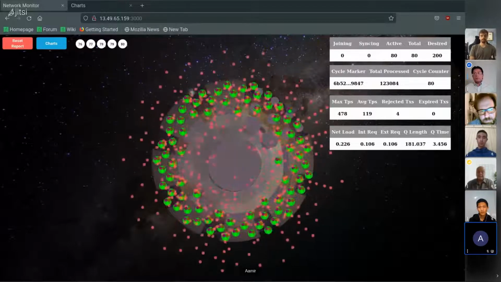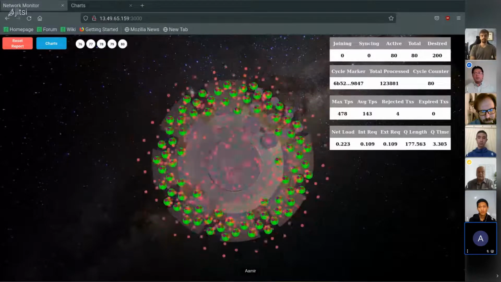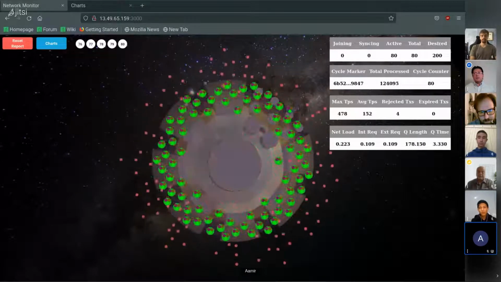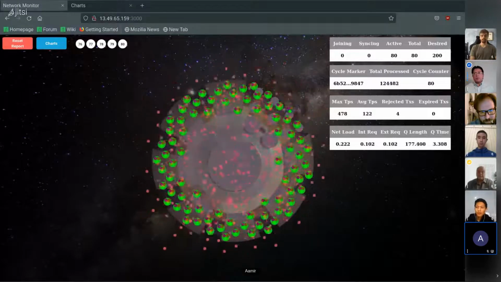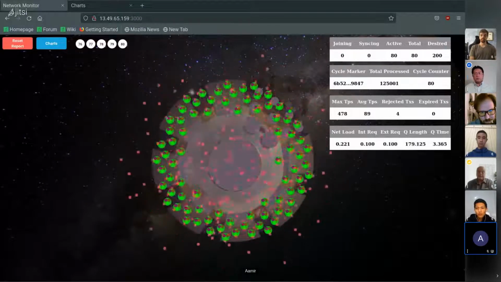Some of these networks have only about 10 nodes, and I think the most I've seen is probably about 100 or 120 nodes.